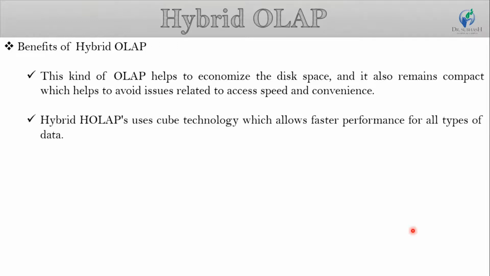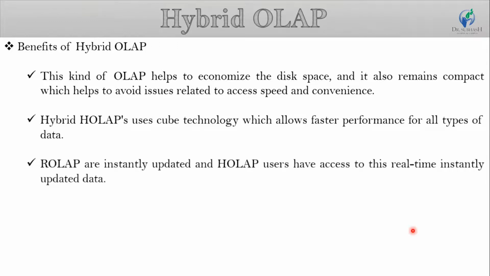The next one is ROLAP is instantly updated, and HOLAP users have access to this real-time updated data. MOLAP brings cleaning and consolidation of data, thereby improving data relevance. This brings the best of both worlds.